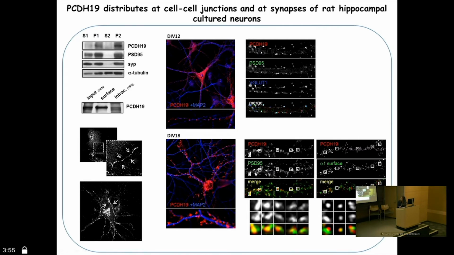In mature neurons, protocadherin 19 co-localizes very well. You can see here the yellow puncta with PSD95, but also with markers of inhibitory synapse. In subcellular fractionation experiments, we found protocadherin 19 co-migrates with PSD95. So protocadherin 19 is expressed in inhibitory and excitatory synapses.